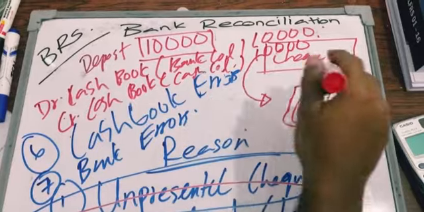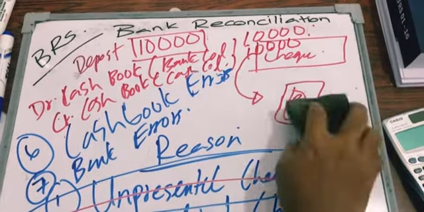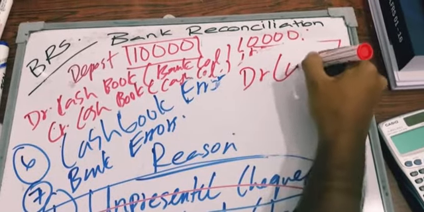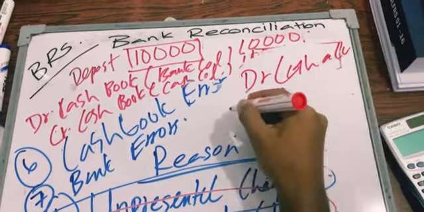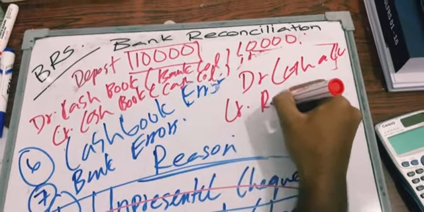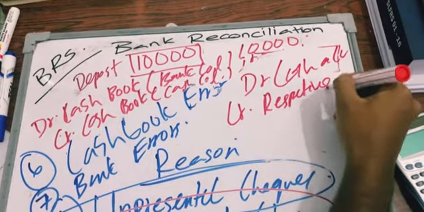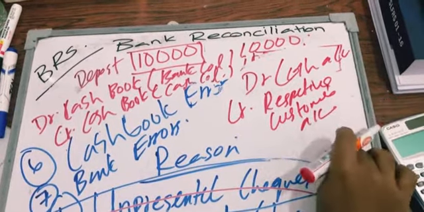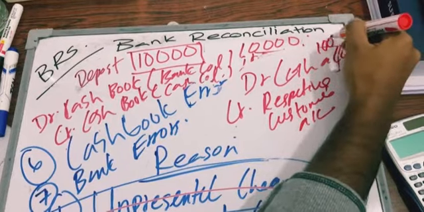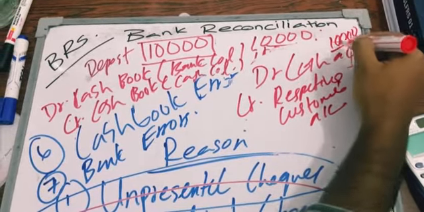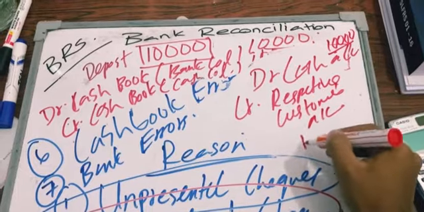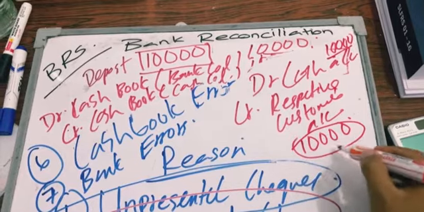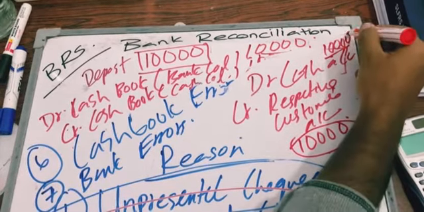The bank has to record it. If they are recording it properly, they debit their cash account and credit the respective customer's account, since they are receiving cash of 10,000. Instead of recording 10,000, the bank has recorded rupees 1,000.